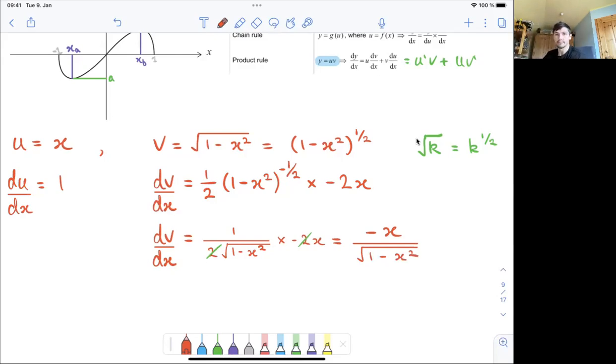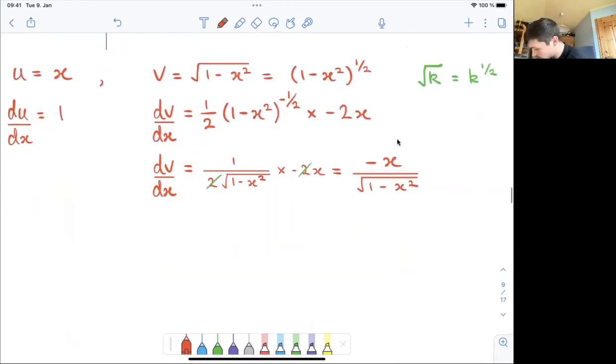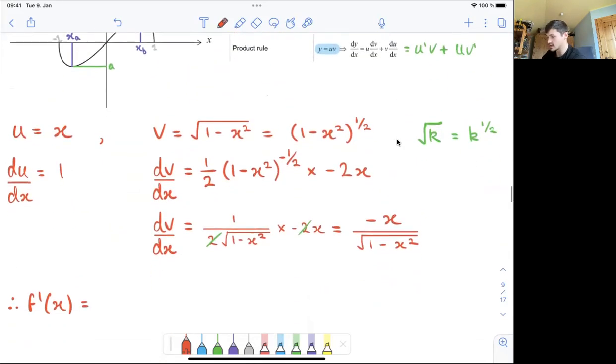So now we have du/dx, which is equal to 1, and dv/dx, which is equal to negative x over the square root of 1 minus x squared. Therefore, the first derivative is u dash v, or u times dv/dx, or whichever way around you want to do it. The order doesn't matter.